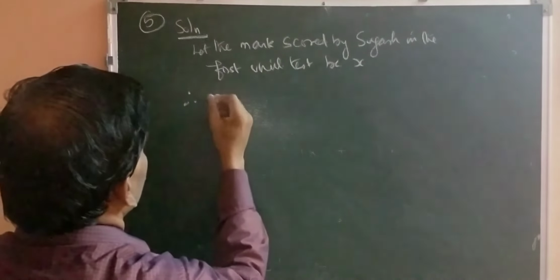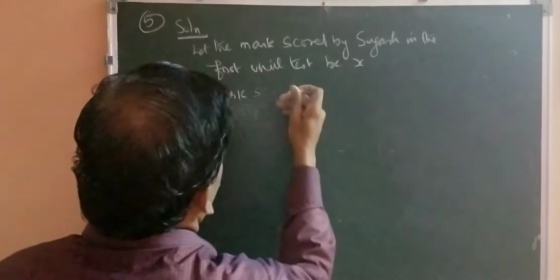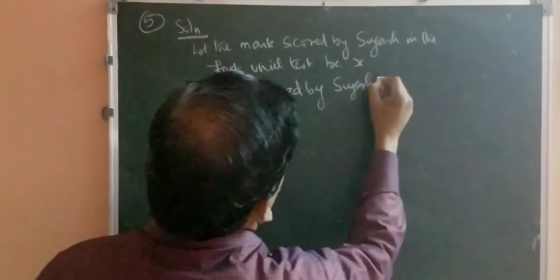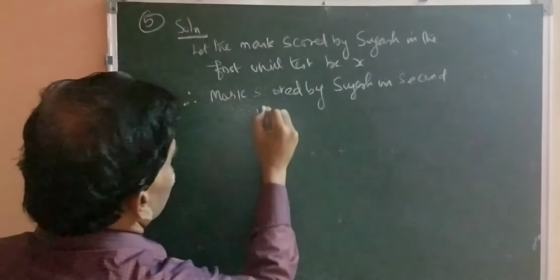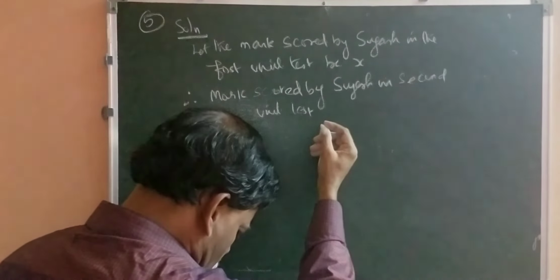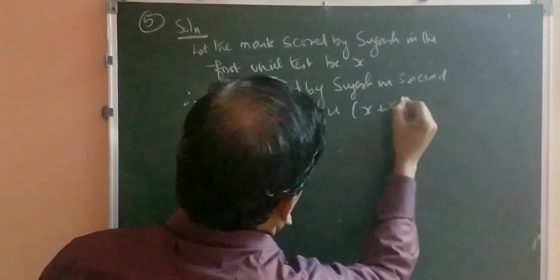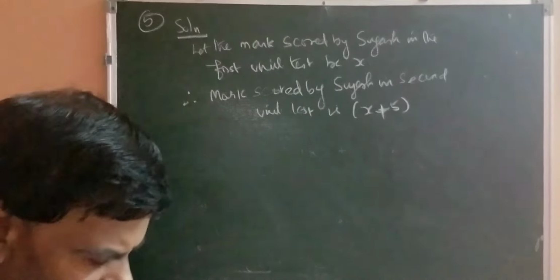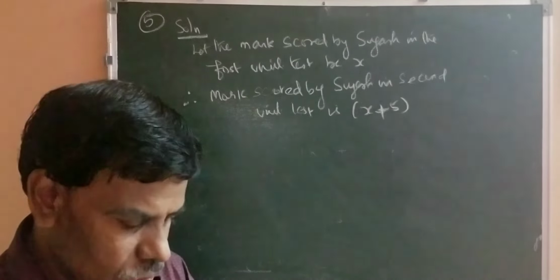Therefore the marks scored by Suyesh in the second unit test is x plus 10. Okay. So now the first line is over. What is the first line? Suyesh scored 10 marks more than the first unit test.